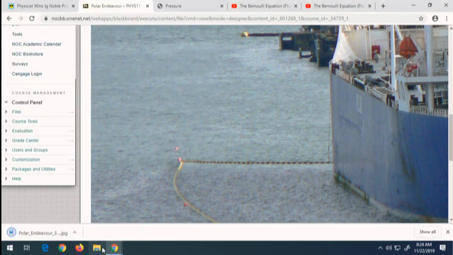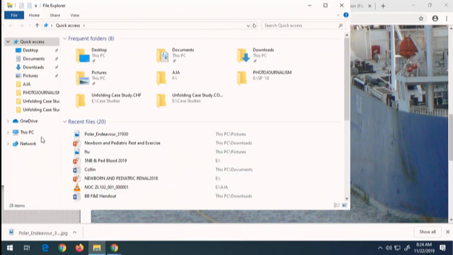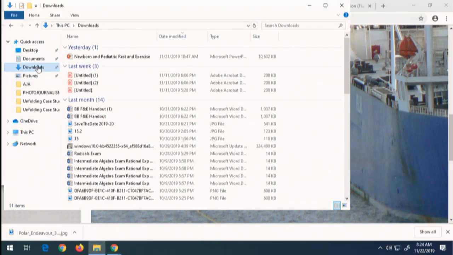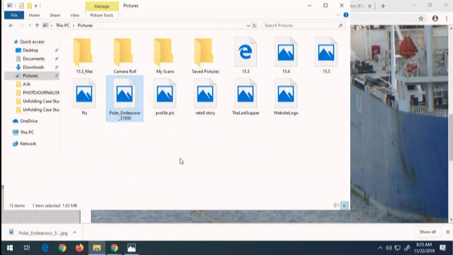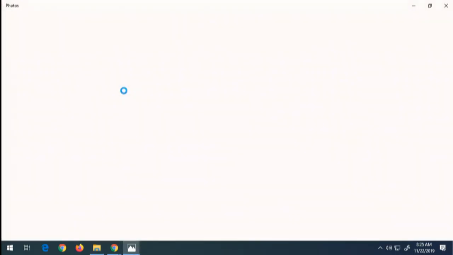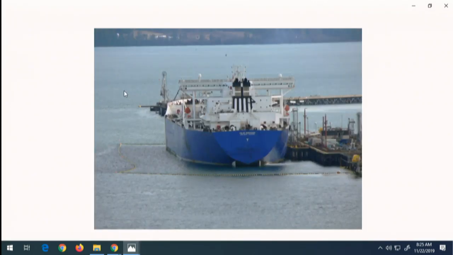Go over here to file. Pop up my downloads. Open the pictures. Okay, maybe, there it is. There we go.